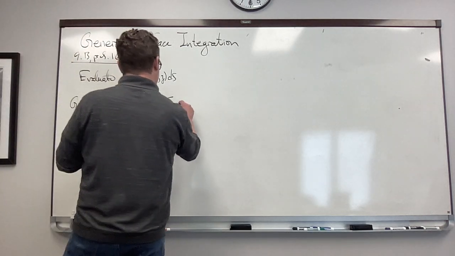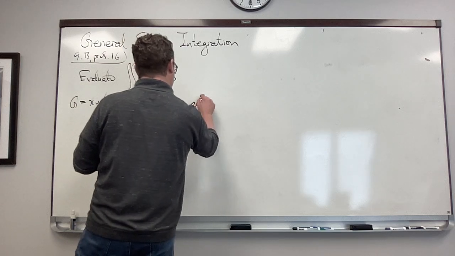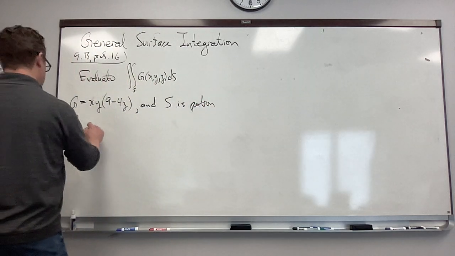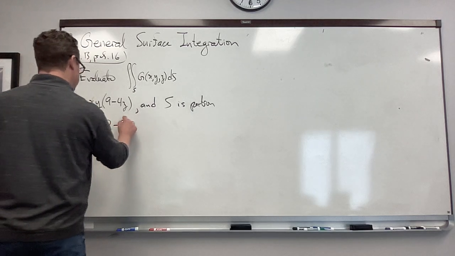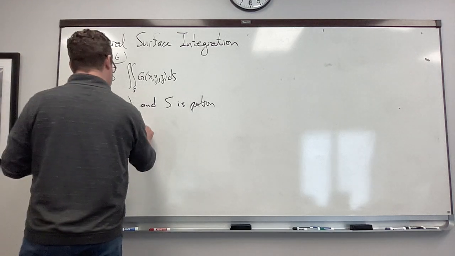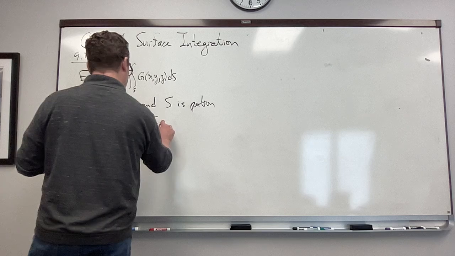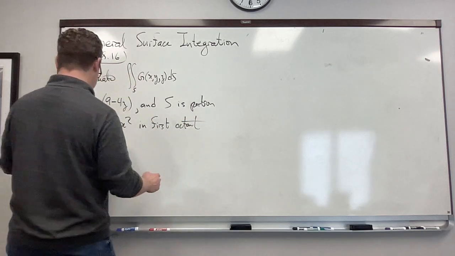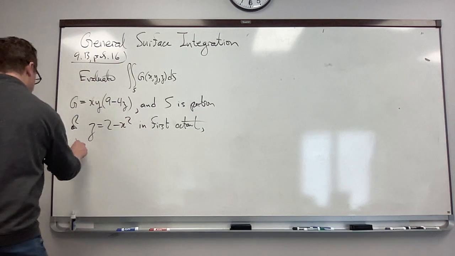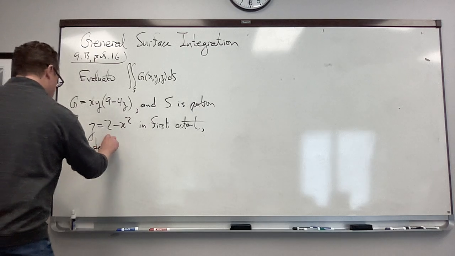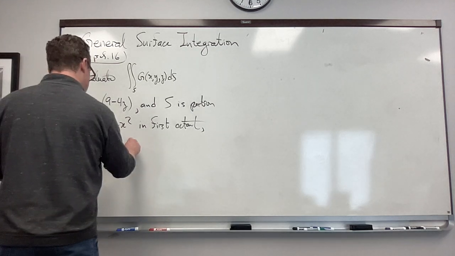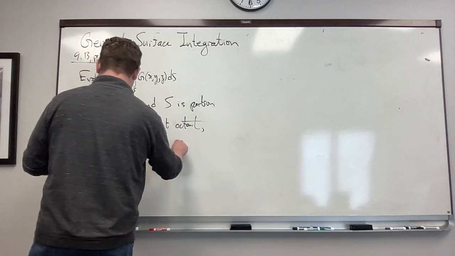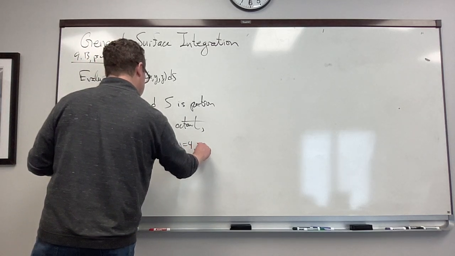So S is the portion of z equals 2 minus x squared in the first octant, bounded by x equals 0, y equals 0, y equals 4, z equals 0.